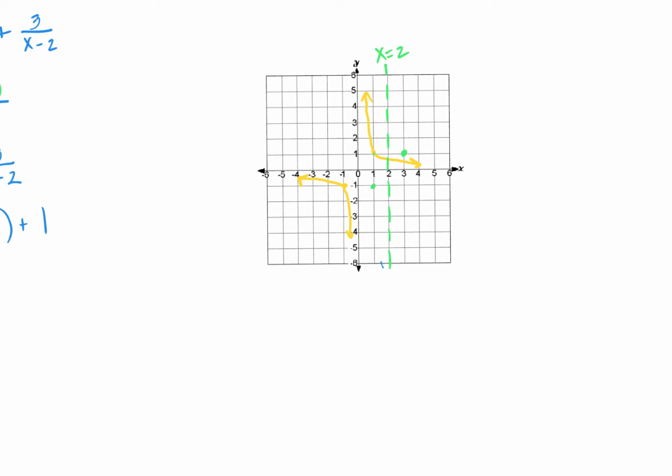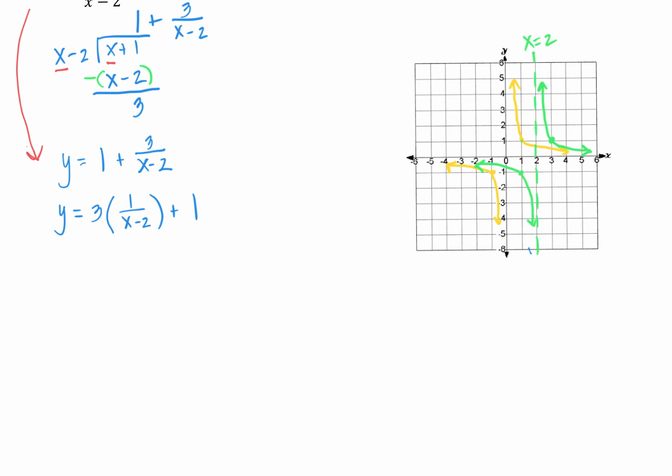And then we follow the vertical asymptote. Horizontal asymptote did not change, so I'm following that as well. And we have our first transformation. Okay, let's look at the next transformation. That was a 3 on the outside. So a function already did its job.